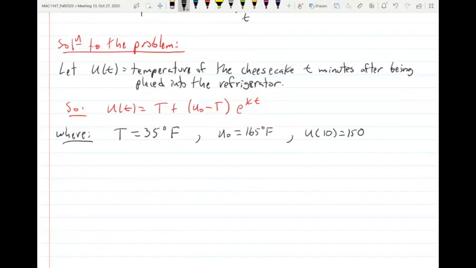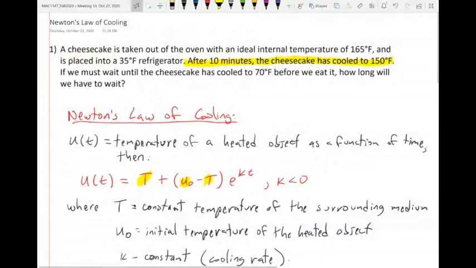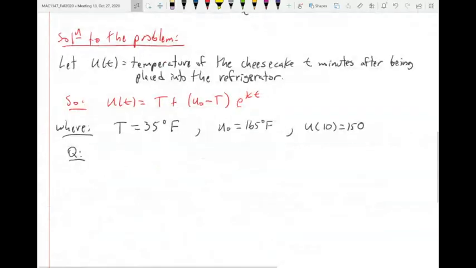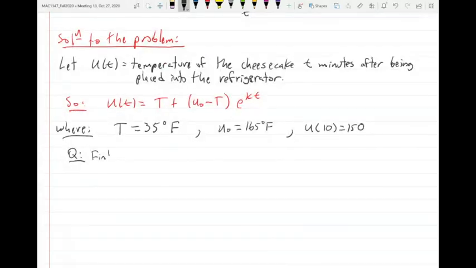Now with this, we should be able to answer the problem. The question we are asking is, how long do we need to wait until it reaches 70 degrees? So really the question is, find little t so that U of t equals 70 degrees.